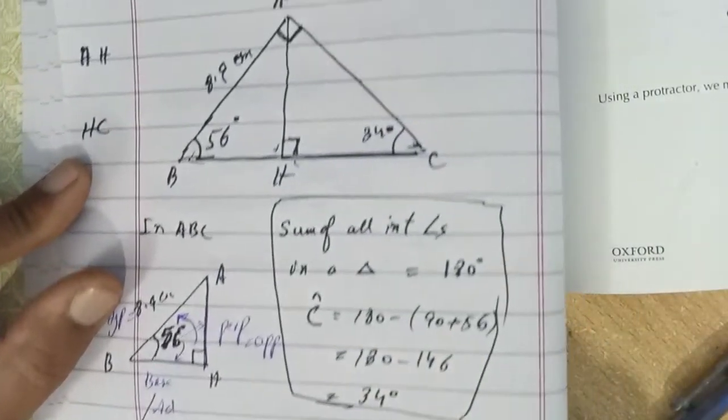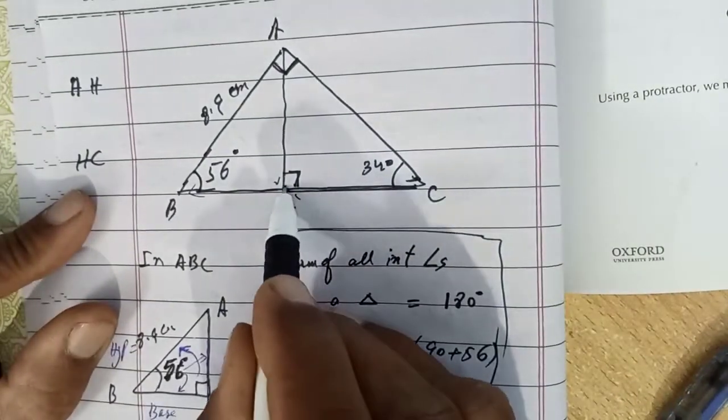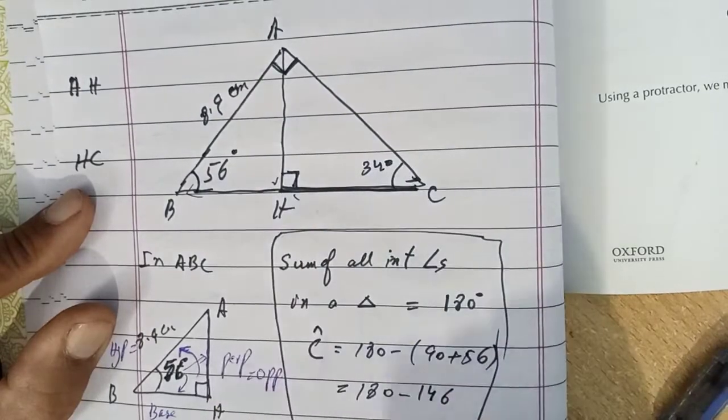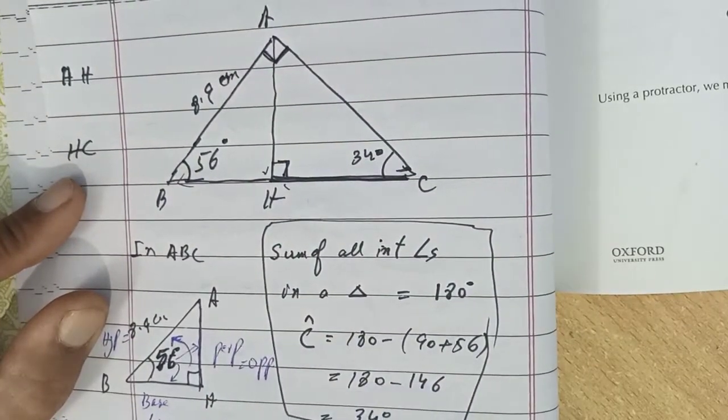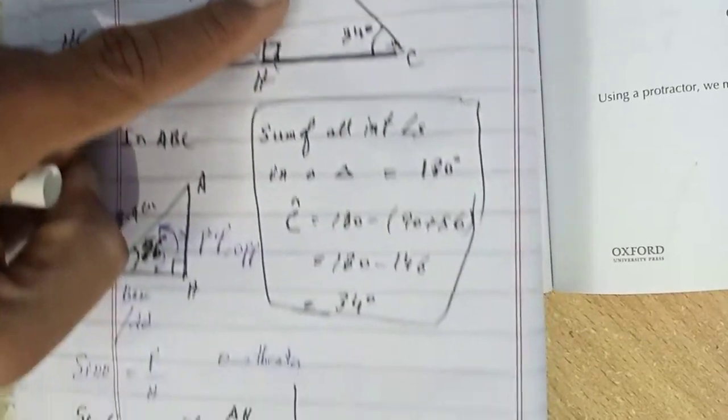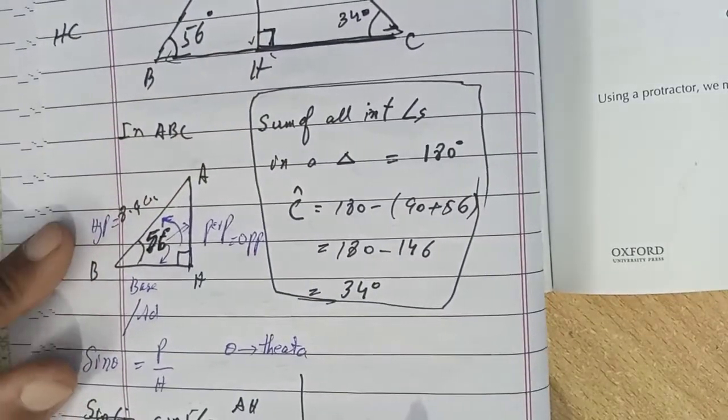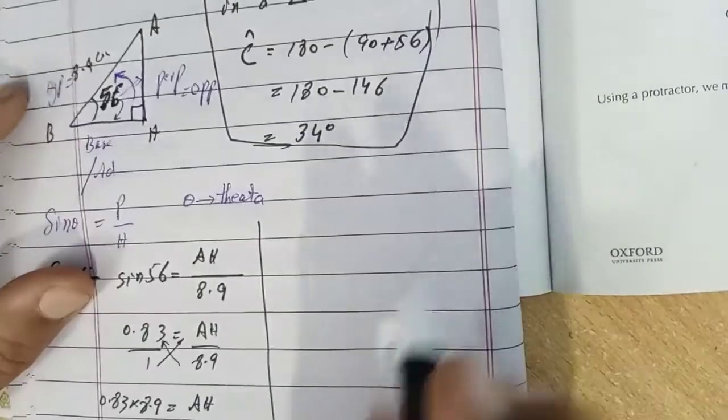Now we are to determine the value of HC in this triangle. Which side is HC? This one. I will now use this triangle over here, so I will draw this triangle.